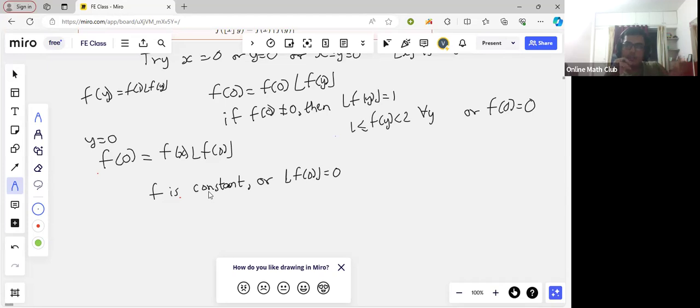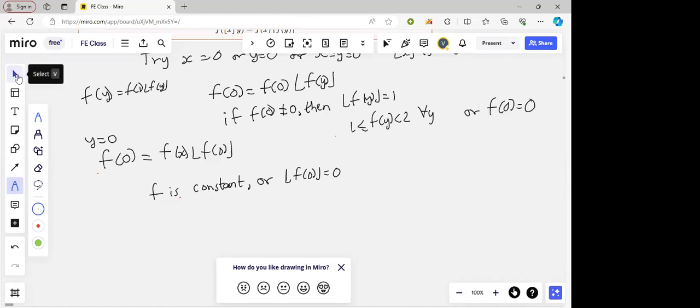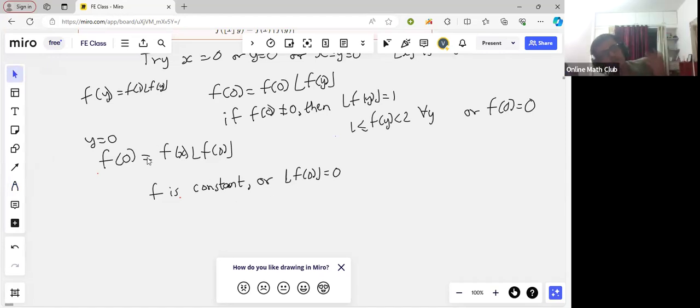Is this clear to everyone how we can get this? We just divide by floor of f of 0, right? But it does not help to solve the whole thing. What we can get from here is f of 0 equal to 0. Can you see how we can get there?